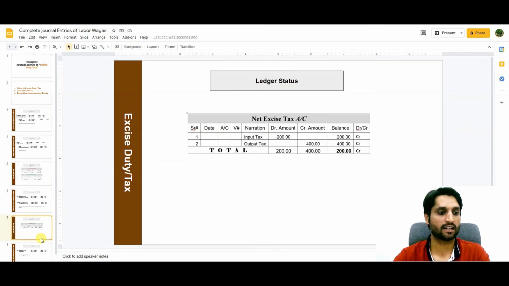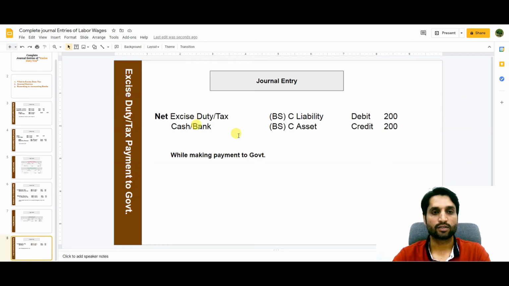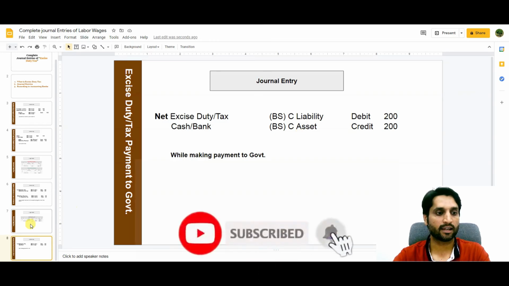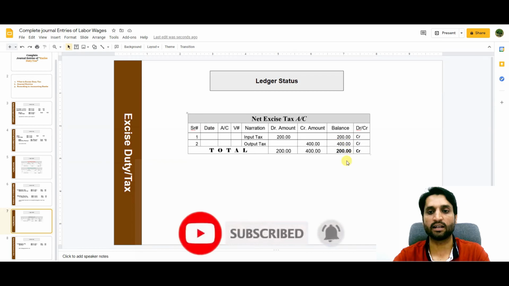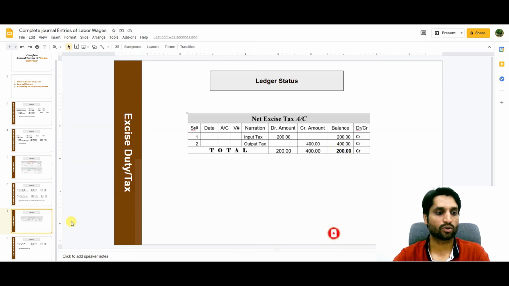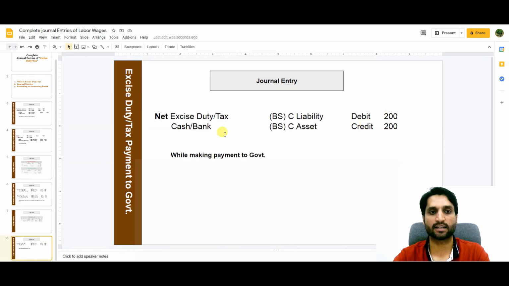What will the journal entry be? The net excise duty tax account will be debit by 200 because we are decreasing our liability. As you can see here, this is our liability, 200. We are going to pay this to the government, in cash or through bank, so our balance sheet current asset will decrease while making payment of the excise duty or tax. So this is the concept of excise duty tax and the complete journal entries, guys.